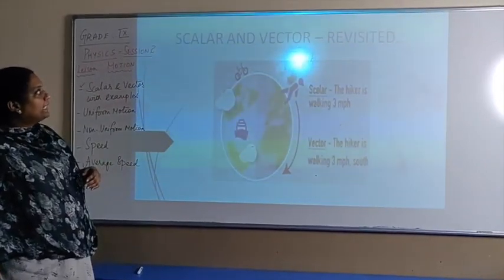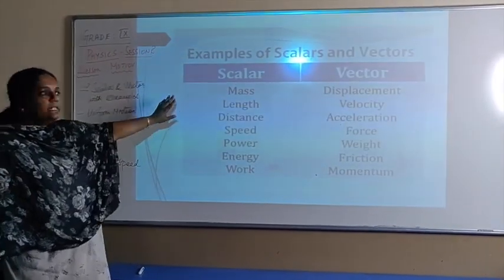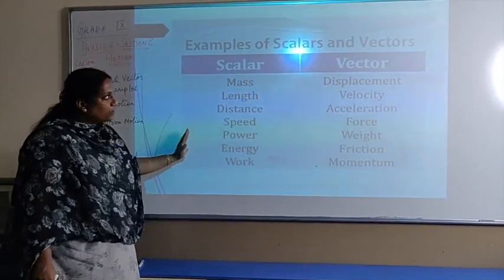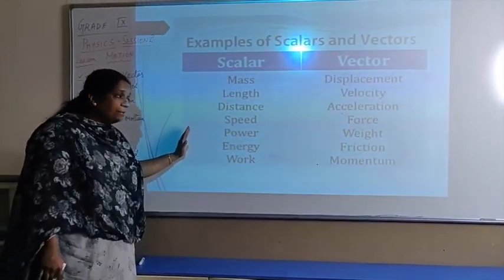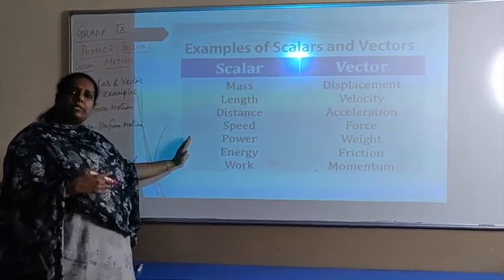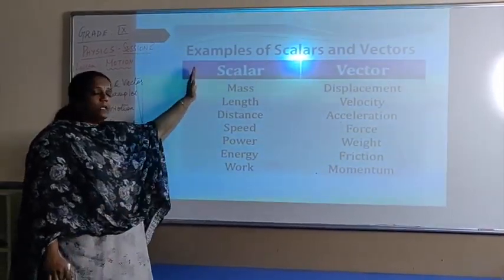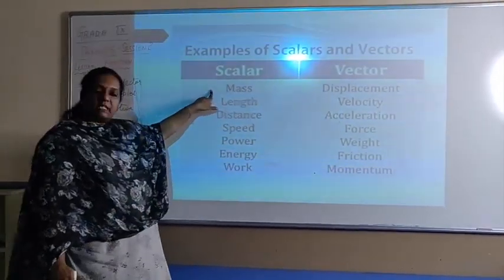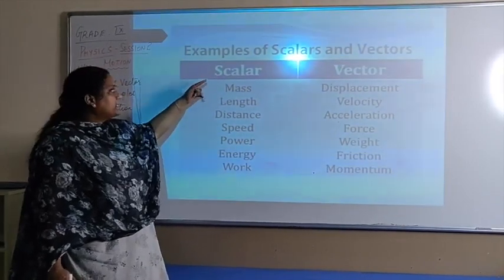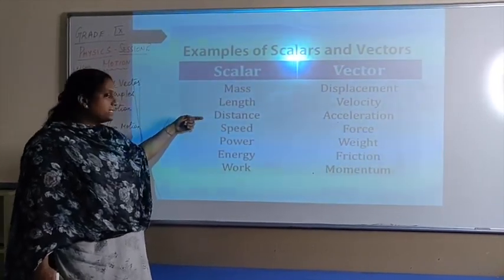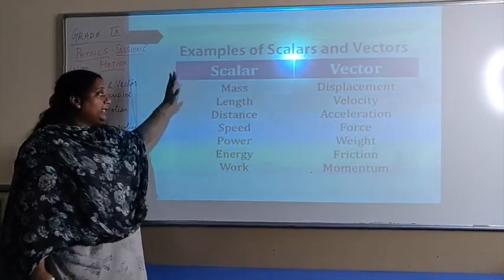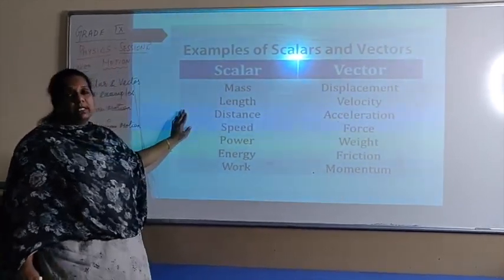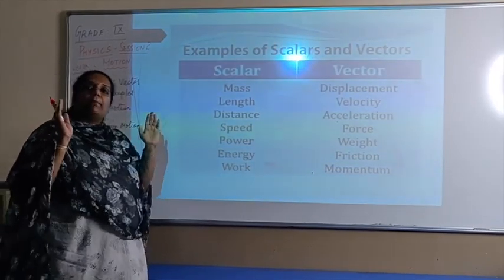We move on to the next slide. Here we have a list of the quantities in physics. Please remember, I have mentioned the basic quantities that we will be using very often. Scalar quantities: the examples are mass, length, distance, speed, power, energy and work. These are quantities which I will describe using a particular amount.